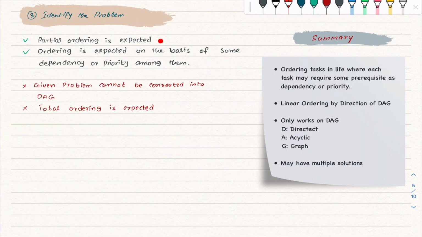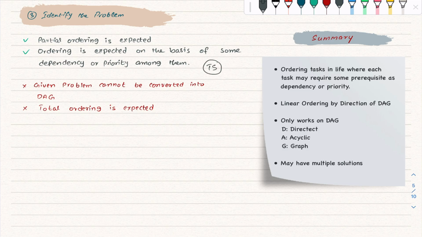Alright, so how will we identify that a problem can be solved using topological sort? Up to now you might already have the idea that any question which is talking about partial ordering, where the ordering is expected on the basis of some dependency or priority among elements, we can for sure use topological sorting.